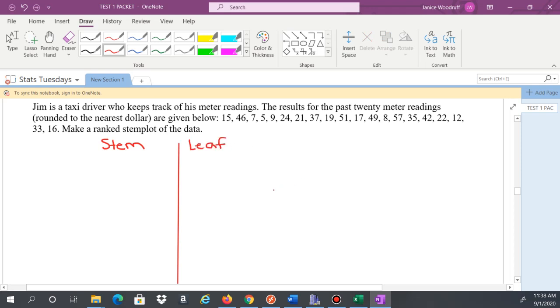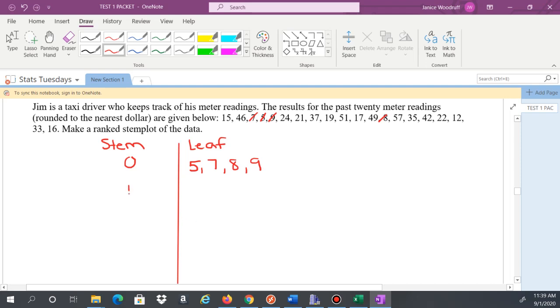So my lowest number is 5, yeah? So what's a stem for the number 5? Isn't that a ones, right? So 0, 5, you could write it like that. All right, then in the ones, you've got a 7, a 9, and an 8. So I'd go 5, 7, 8, 9.